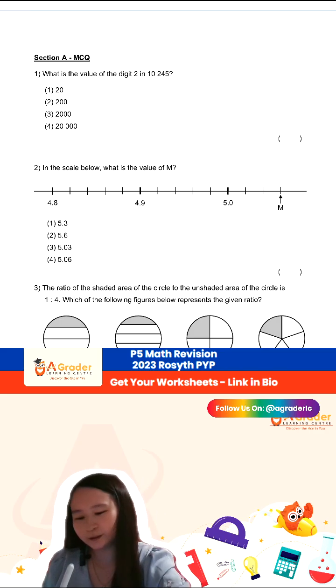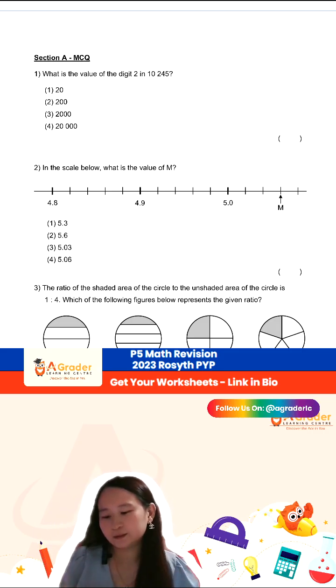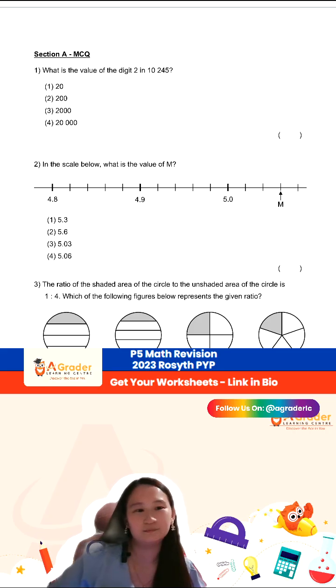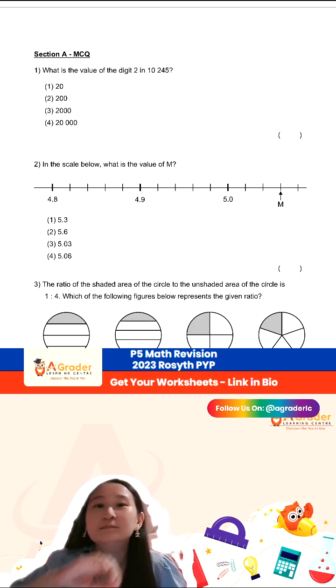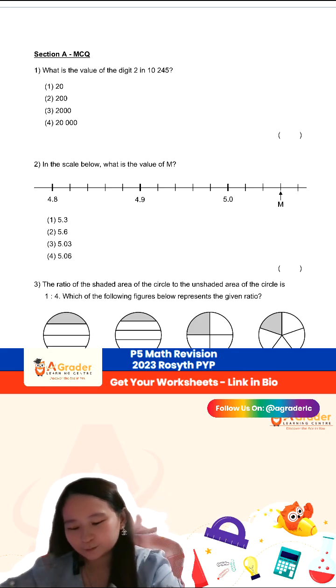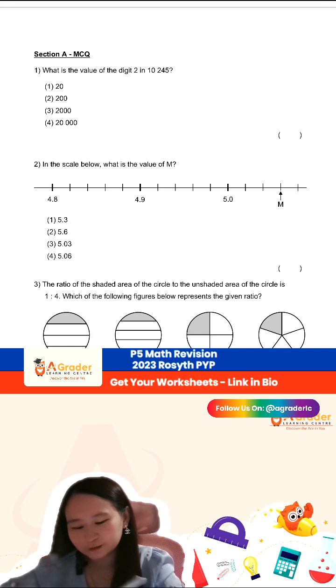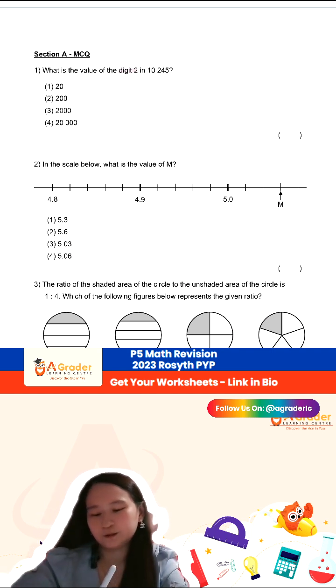Let's look at the first question. Has anyone tried question 1? Okay, that's good. So for question 1, what is the value of digit 2 in 10,245?